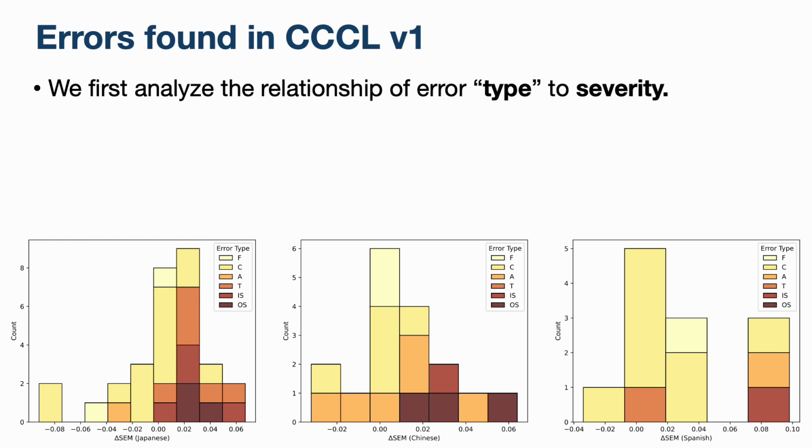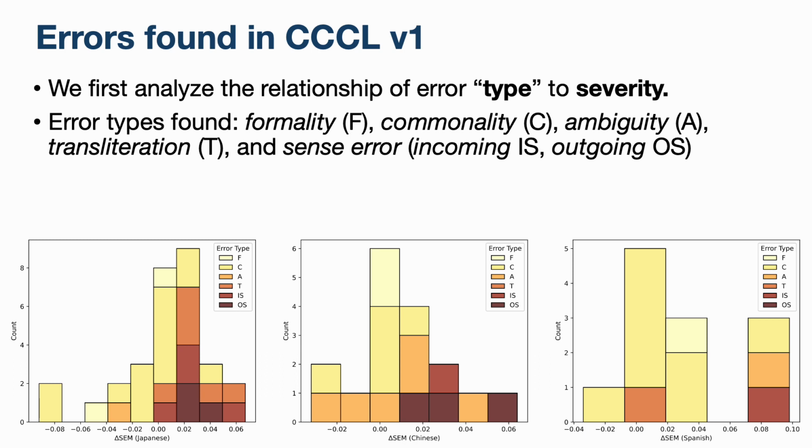We're able to analyze the relationship between this delta sem feature and the different types of errors. So among the errors that we manually enumerated, we found that there were formality errors, such as translating a word like dad to daddy rather than father. Commonality errors, such as picking a more rare form of a word, but a translation that's technically correct.